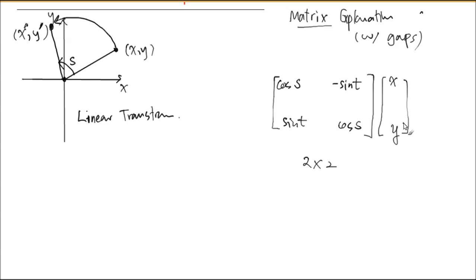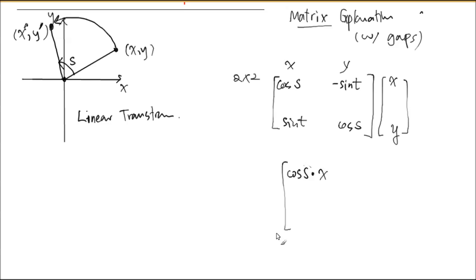If you know what matrix multiplication is, it's going to make perfect sense. If not, I have to explain how these things come about. Matrix multiplication goes like this. x goes over here and y goes over there. And you multiply x down the row, and y multiply down the row there. So we get the following expressions. 2 by 2. You write cosine s times x.